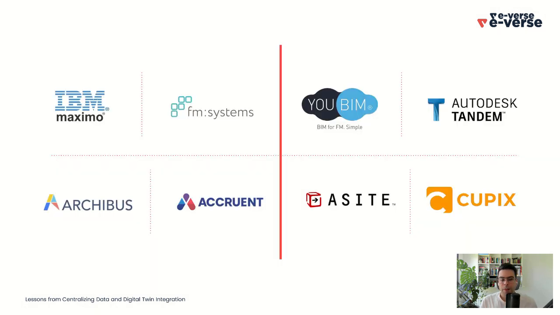I wanted to draw a red line here. All of these are great tools, but there are large, really well-used platforms like IBM Maximo or SAP or Red Sauce, and the problem is that they don't connect well with platforms like Ubeam or Autodesk Tandem or Aside or Cupix, which truly manage BIM models.